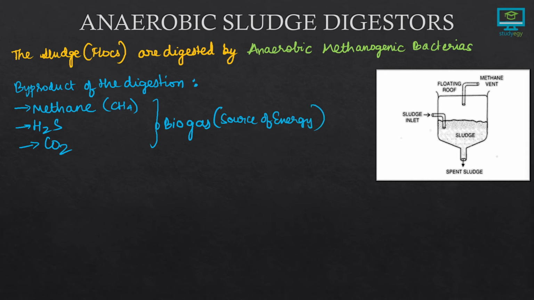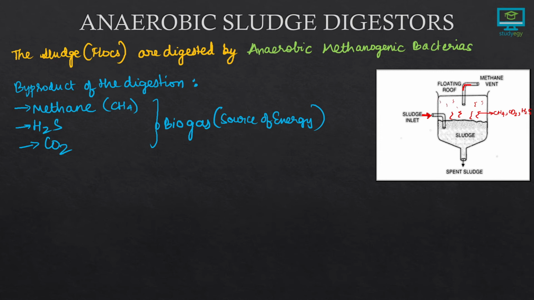Well, now if you focus on the figure, the sludge is coming through the inlet and is being fed on by the methanogenic bacteria, and here the gases are rising, that is CH4, carbon dioxide and H2S. These gases flow out.